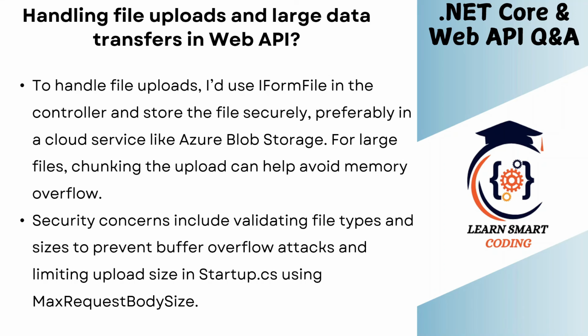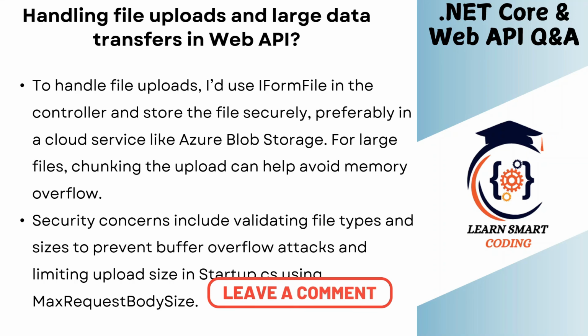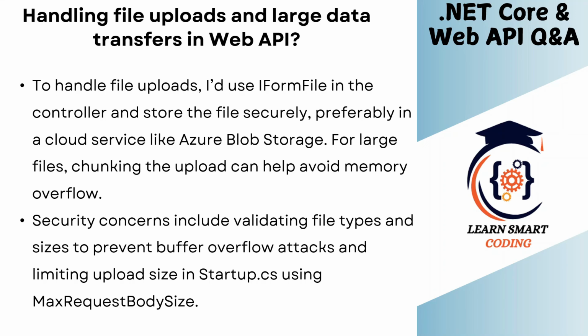For large files, chunking the upload can avoid memory overflow. Security concerns, including validating the file type and size, will help you prevent buffer overflow attacks, and limiting the upload size in the startup.cs. Okay, now let's talk about the next one.